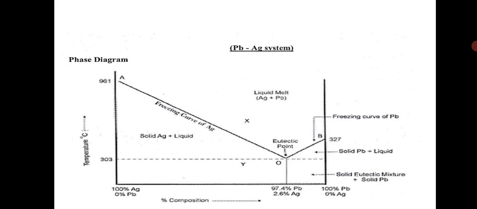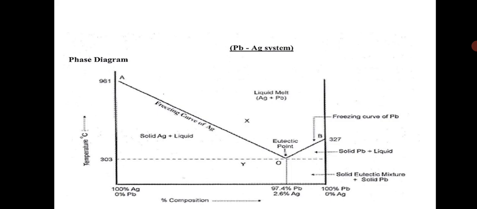Let us see the curve BO. The curve BO is also known as the freezing point curve of lead. The point B is the melting point of pure lead. 327 degrees centigrade is the melting point of lead. The curve BO shows the melting point depression of lead by the successive addition of silver.